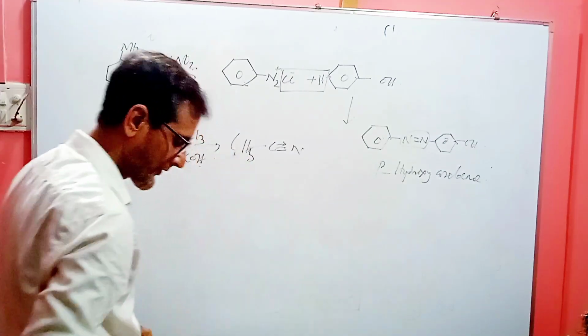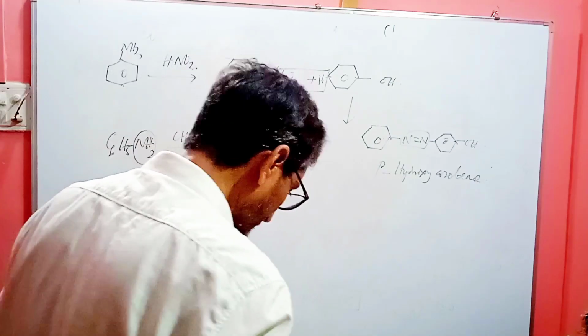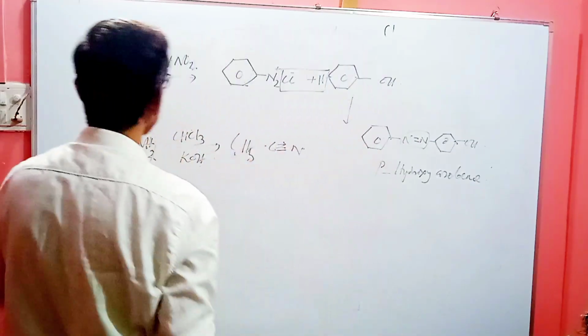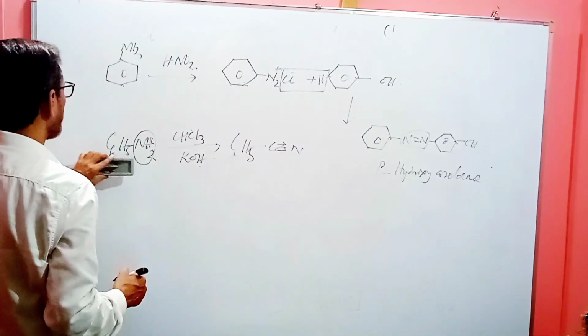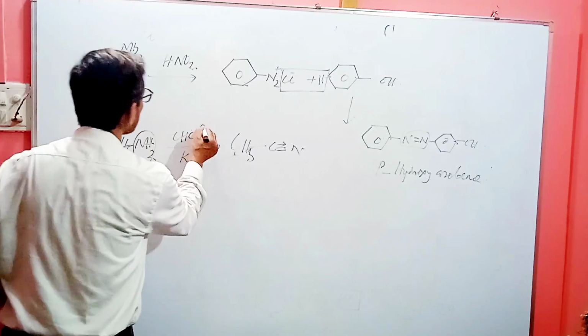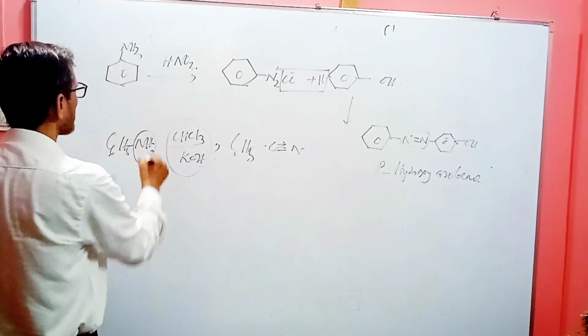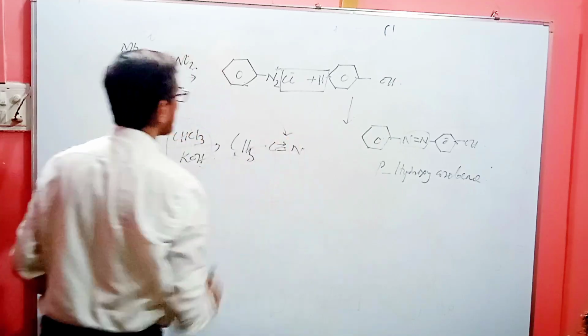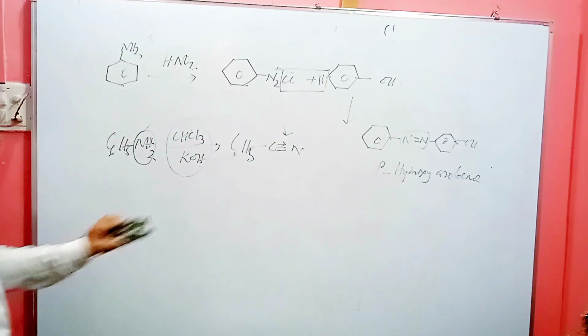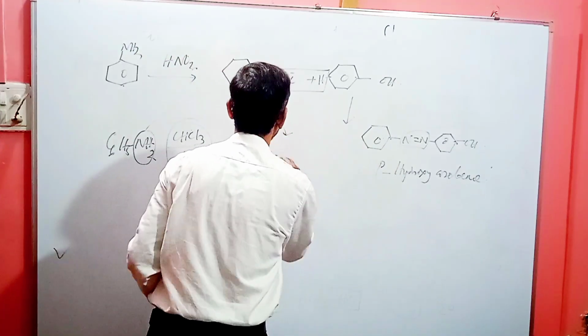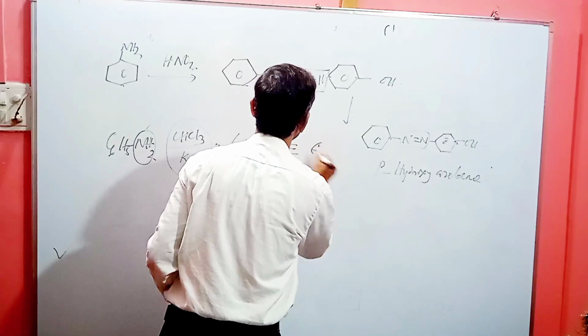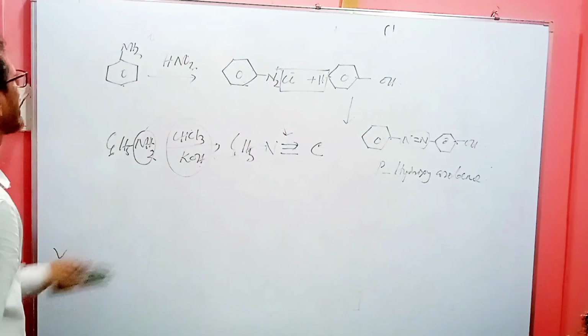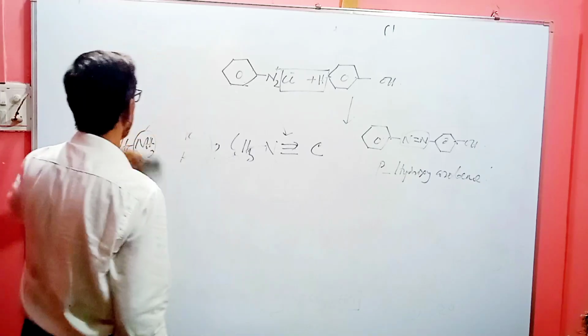So when you see chloroform and potassium hydroxide, the NH2 becomes NC, isocyanide. Fishy smell, foul smell.